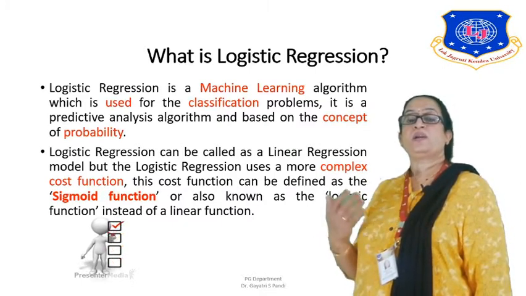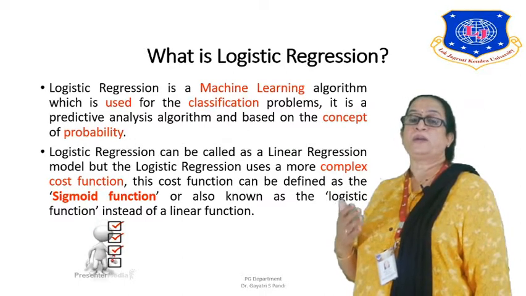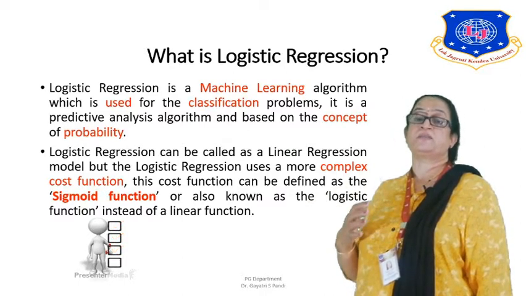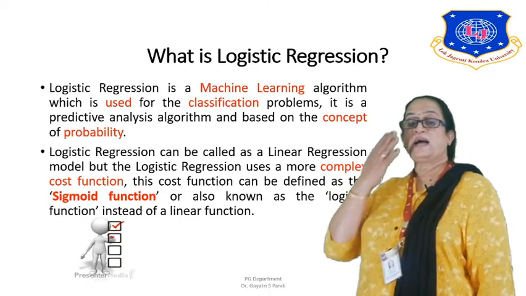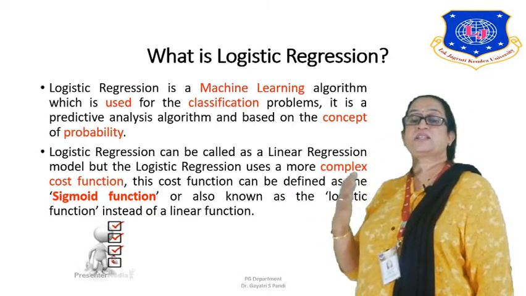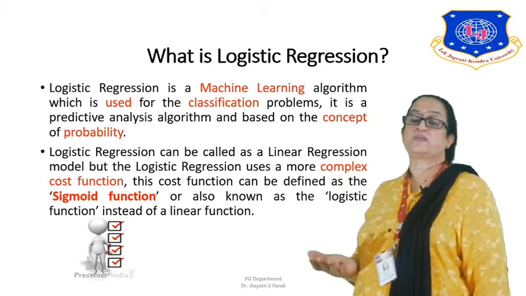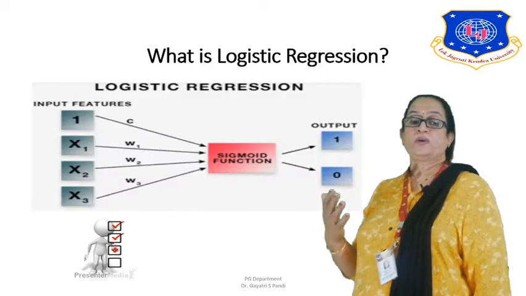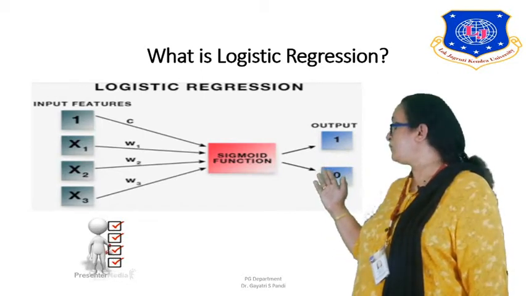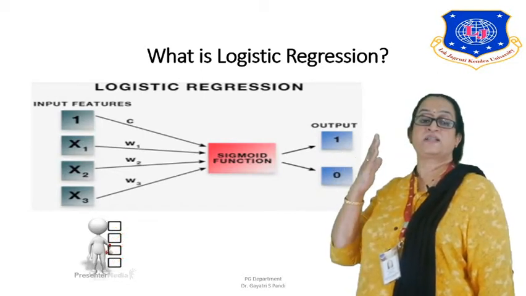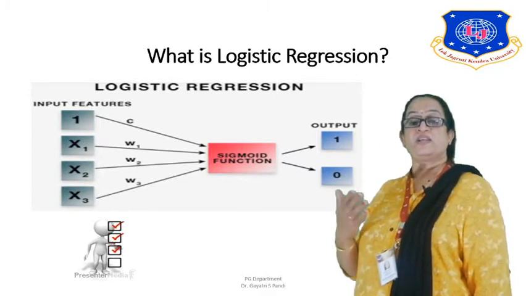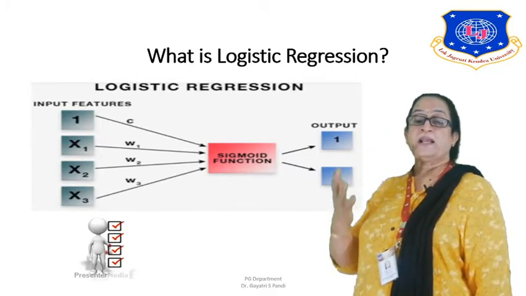It is also called a linear regression model, but logistic regression uses a more complex cost function that is termed as sigmoid function, and it is also known as logistic function instead of linear function. Right? So the logistic function is applied here in between, that is a sigmoid function, and the inputs it is taking are x1 to xn. These are considered as certain input features that are applied to the sigmoid function.